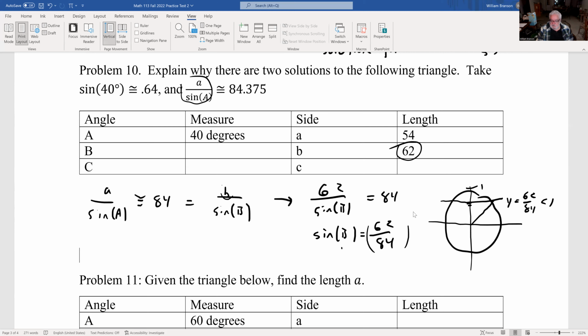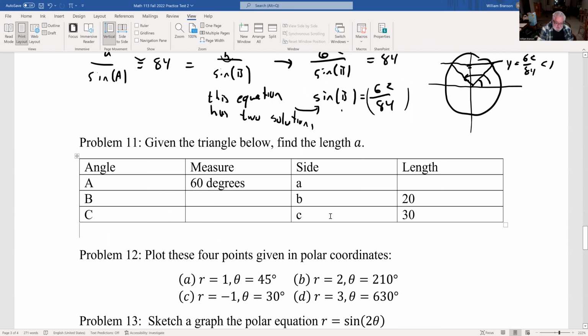Well, there's two angles. There's this one and there's this one. So this equation has two solutions, which is why there are two solutions to the following triangle.